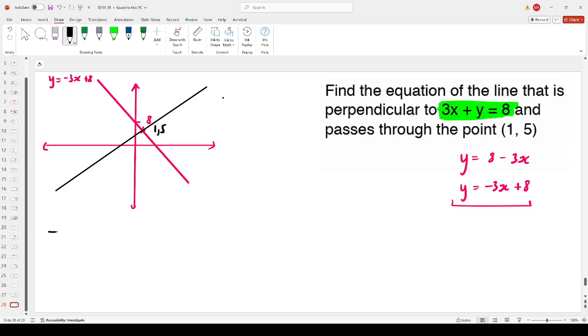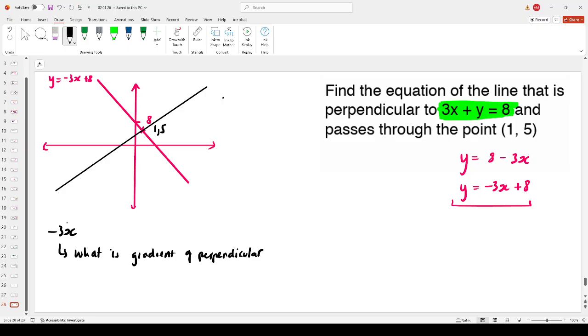Guys, if minus 3x is the gradient, what's the gradient of the perpendicular? Thank you, Mania, Yasma, Adian, Ali, well done. Anyone else? So gradient of perpendicular.